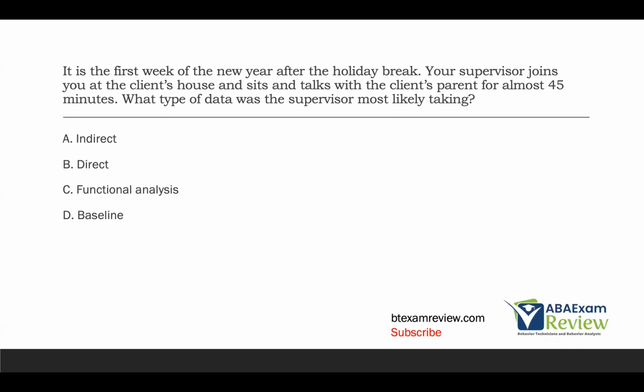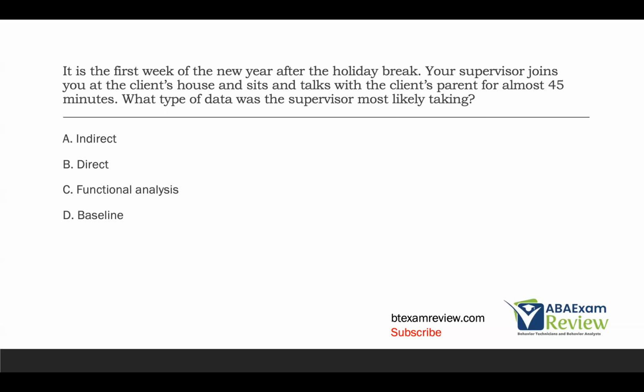No, let's again read all of our answer choices and determine why they're incorrect. Well, we went over B, direct. Well, we're not observing the client. The supervisor isn't observing the client. It can't be direct data. C, functional analysis. A functional analysis occurs by actually manipulating things in the client's environment, working with the client. The supervisor is simply conducting an interview, okay? One of the lowest forms of assessment.